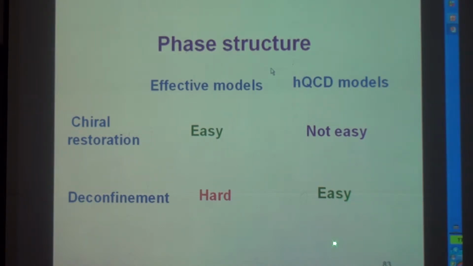For the gluon system, it's so easy because even with Dilaton gravity, you just need to introduce a dilaton, and this dilaton can describe the confinement and deconfinement phase transition very well. So this part is quite easy.